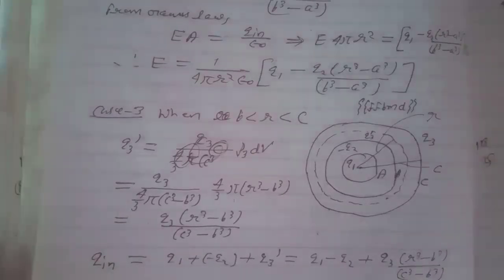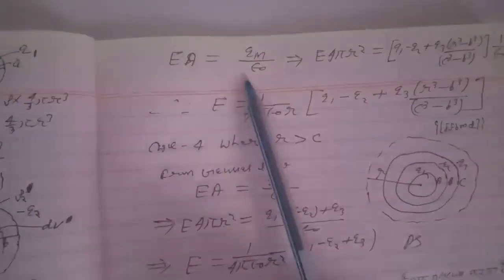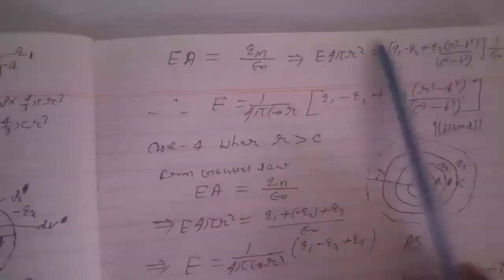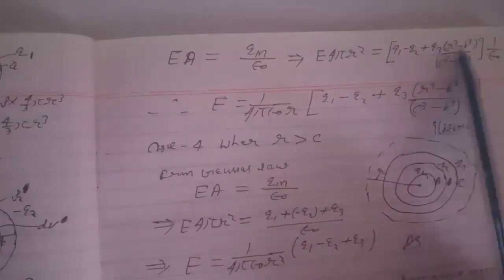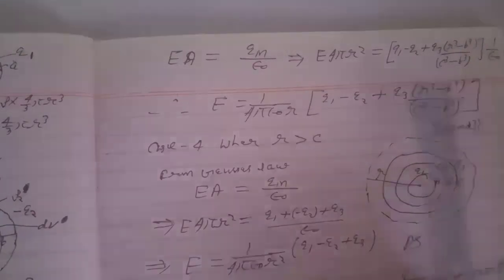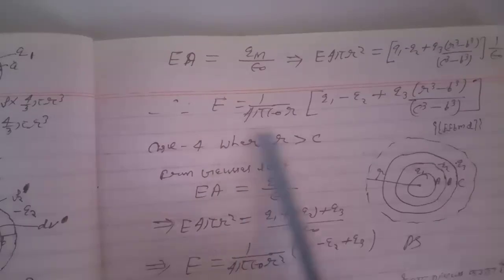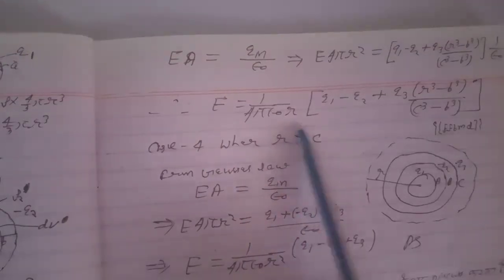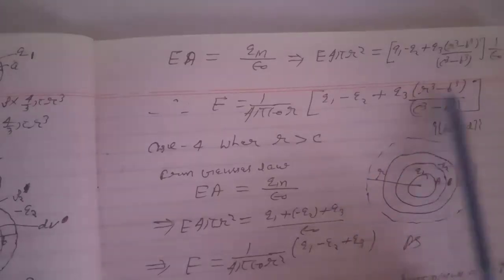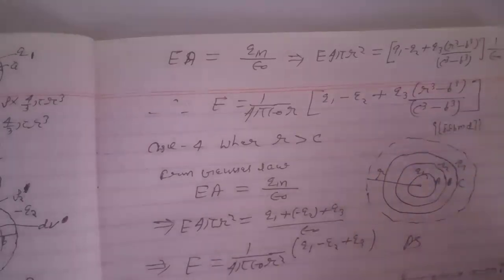So from Gauss's law, E into 4 pi r square equals q in by epsilon naught, equals (q1 minus q2 plus q3 into (r cube minus b cube) by (c cube minus b cube)) into 1 by epsilon naught. So finally we get E equal to 1 by 4 pi epsilon naught r square, into (q1 minus q2 plus q3 into (r cube minus b cube) by (c cube minus b cube)).